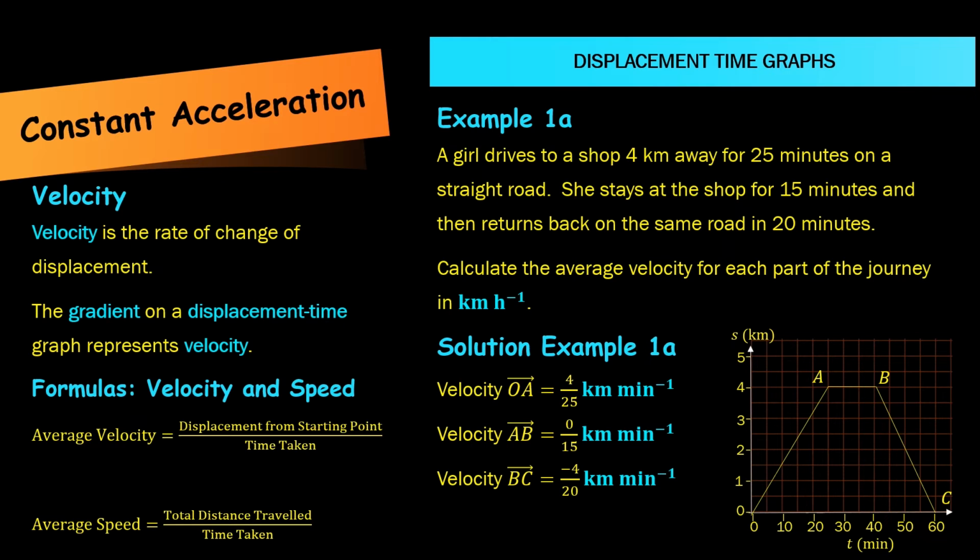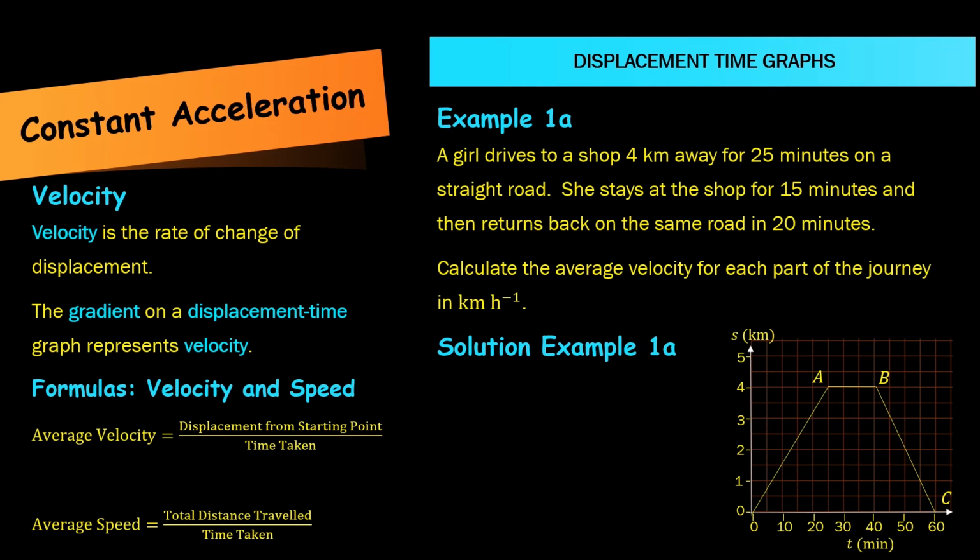However, we are required to find in kilometers per hour. So let's see how we can convert from one unit to the other. How do we convert from per minute to per hour? 60 minutes, of course, equals 1 hour. Therefore, if we divide by h and min on both sides, we have 60 h to the power minus 1 equals 1 min to the power minus 1.